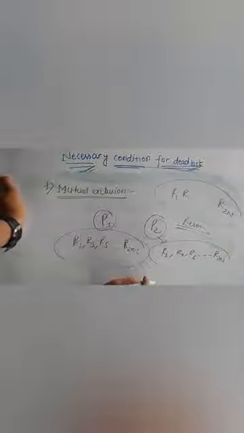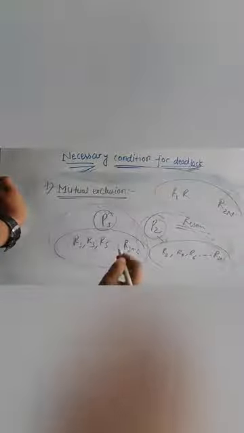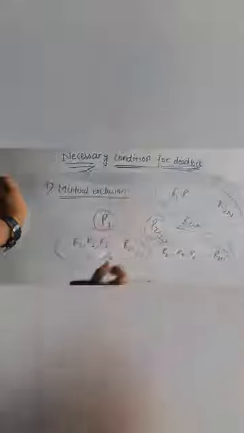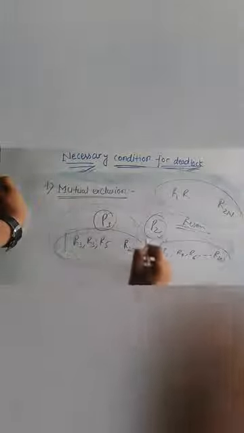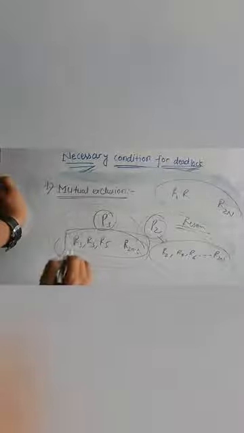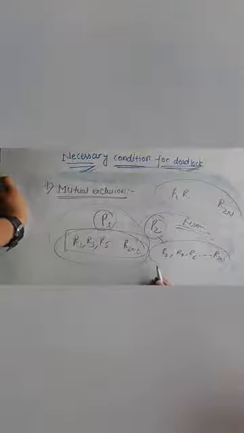Here in this case, we find that whatever resources are allocated to P1 and whatever resources are allocated to P2, both are mutually exclusive. Means whatever set of resources is allocated to P1 and whatever set of resources is allocated to P2, their intersection is empty, phi.